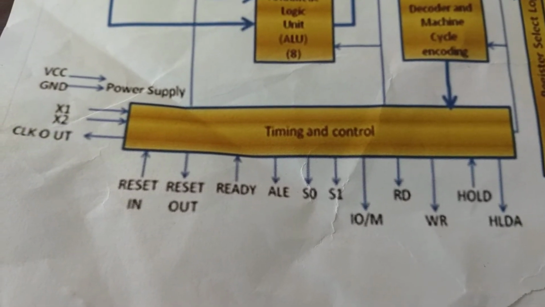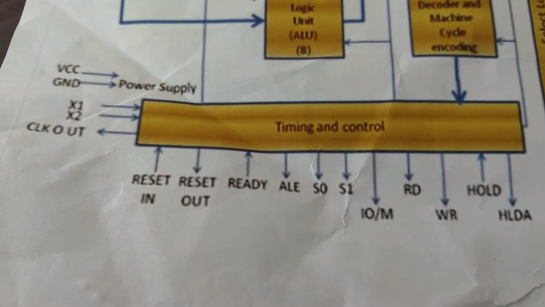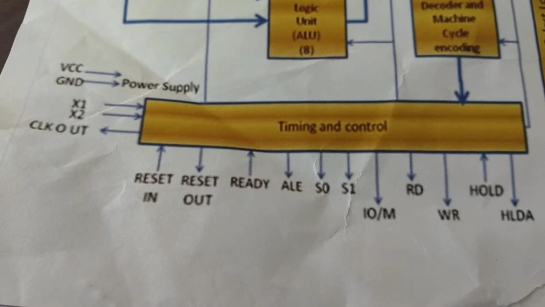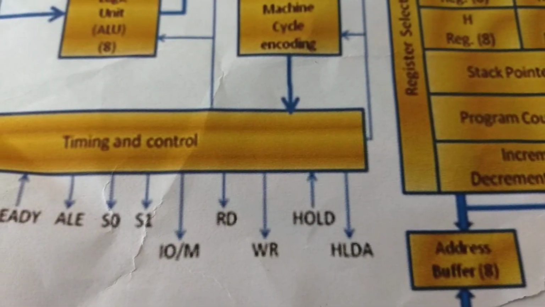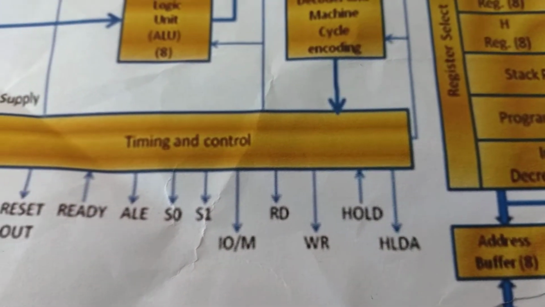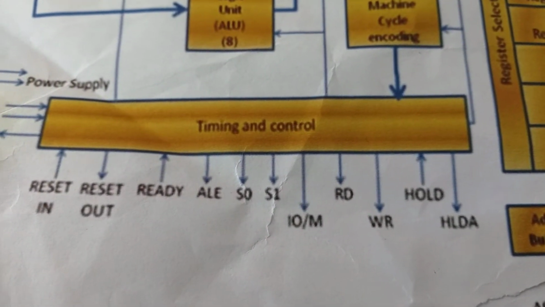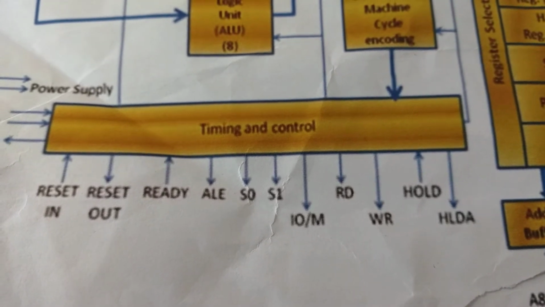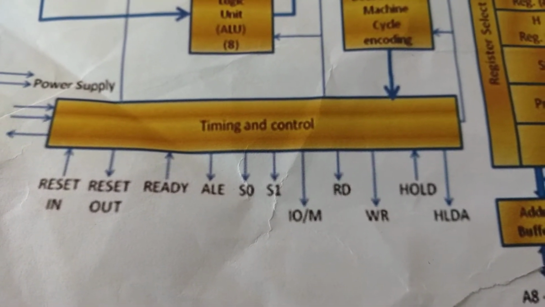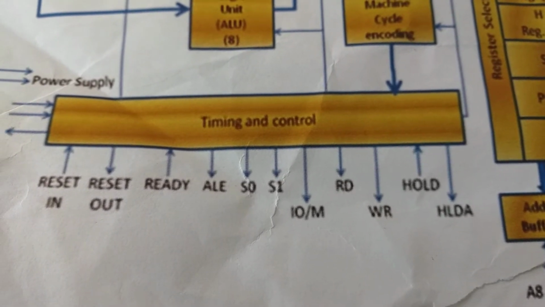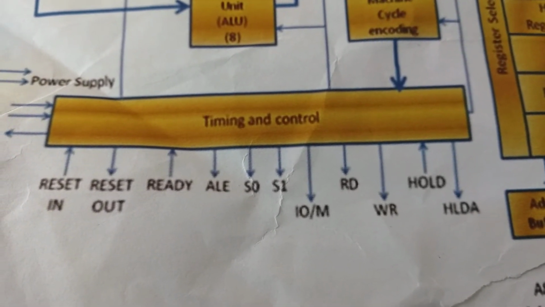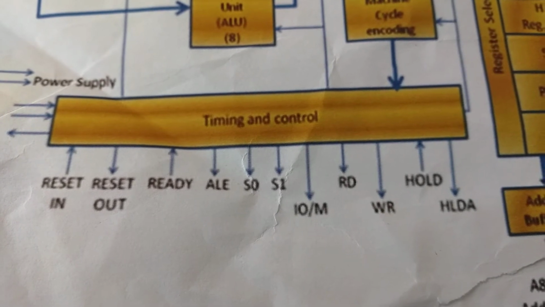If IO/M is equal to 1, it means IO is working, and if it is equal to 0 then memory is working. Then next are read and write. When a reading operation is continuing, at that time RD is equal to 1, and if a writing operation is going on then you can say WR is equal to 1.